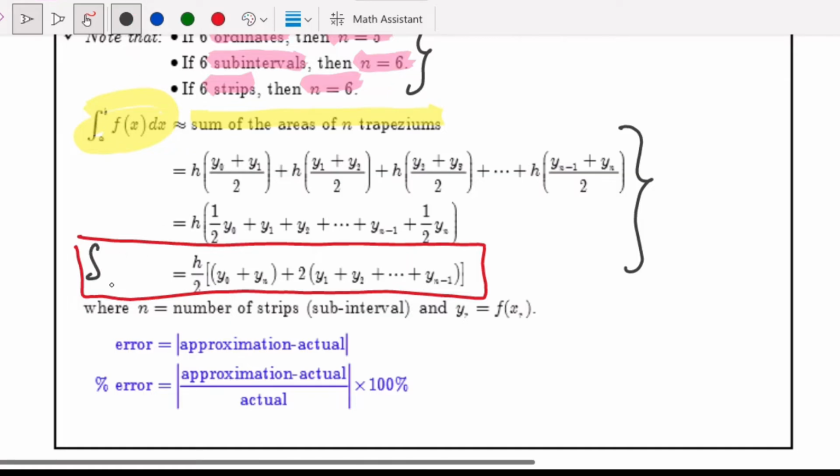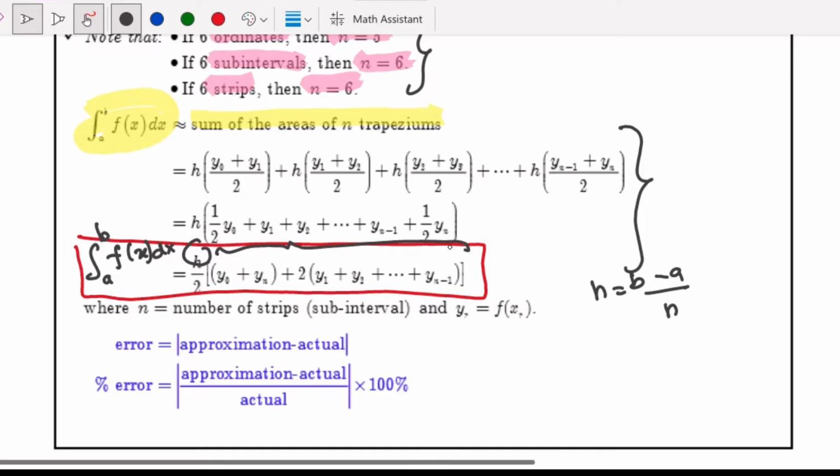The integral from a to b of f(x) dx is equal to this formula, h over 2, where h, you already know, is the width of the strips, where h is equal to b minus a over n. And those at the back are the formula. I can explain it more in the examples.